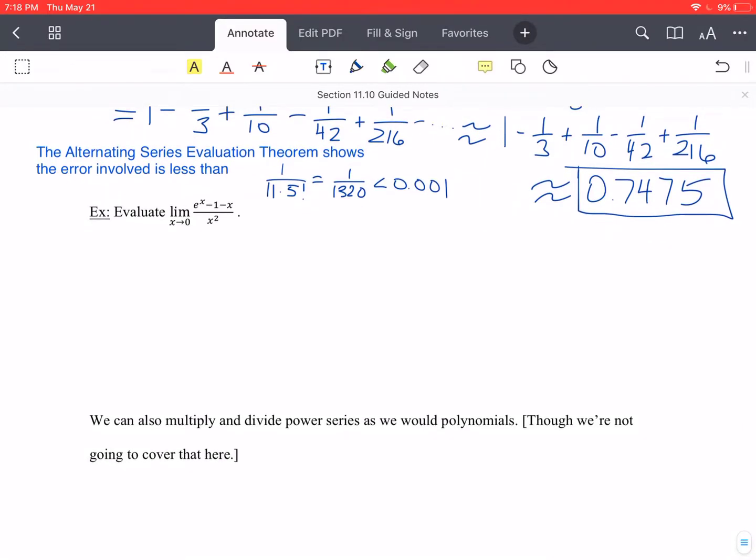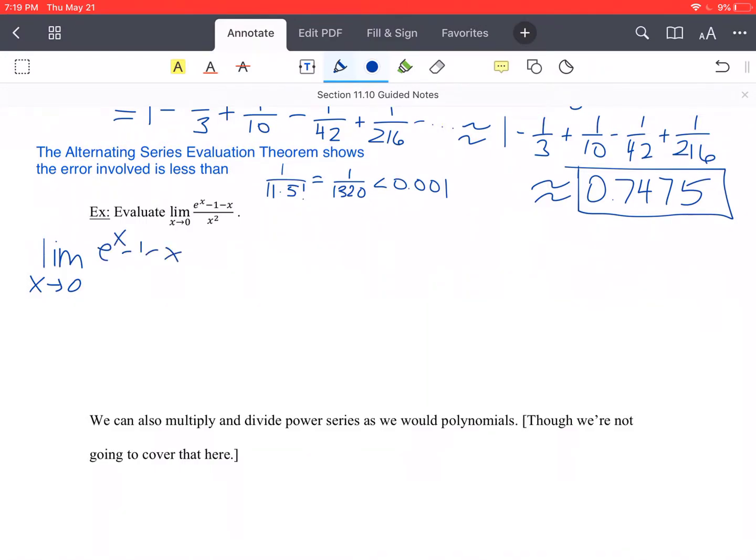So for this limit, if you try to plug in 0, use direct substitution, you'll notice that this one is indeterminate. So we could use L'Hopital's rule on this, but we can also use infinite series on this as well. So we have the limit as x approaches 0 of e to the x minus 1 minus x over x squared.